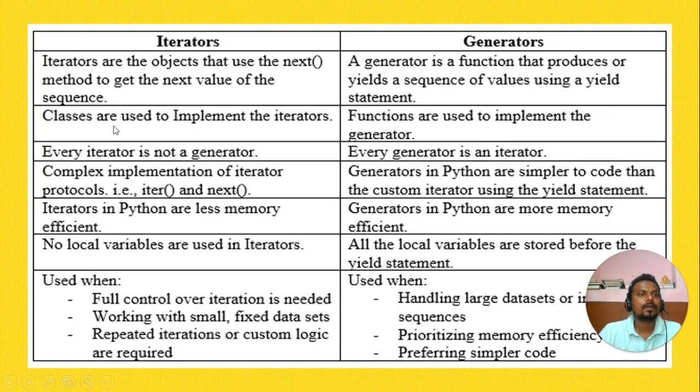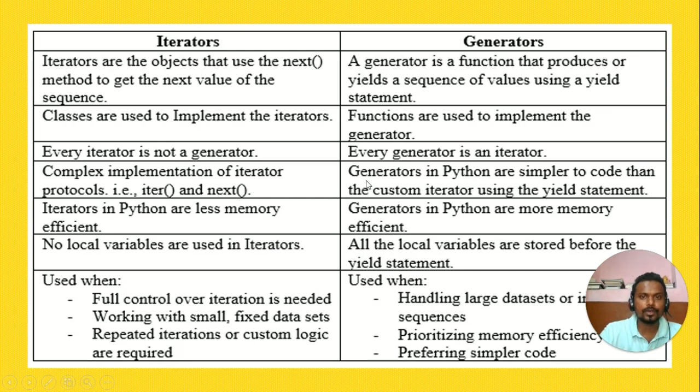Classes are used to implement iterators, and functions are used to implement generators. Every iterator is not a generator, but every generator is an iterator. Iterators involve a complex implementation of the iterator protocols, that is iter and next, so we have to use them on every iteration.